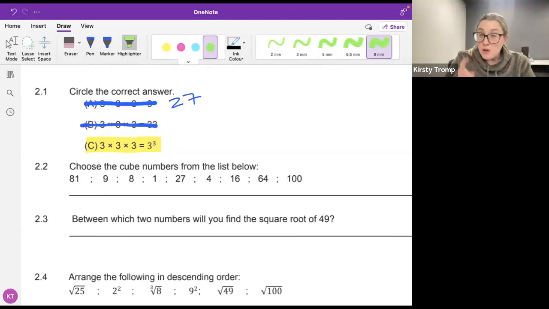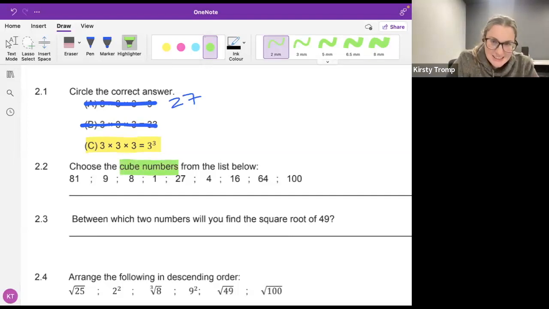Okay, so remember cube numbers are a number times a number times a number. Careful, we're doing cube numbers. Did you do squares? Okay, Mulalo, go ahead and try again quickly for me.